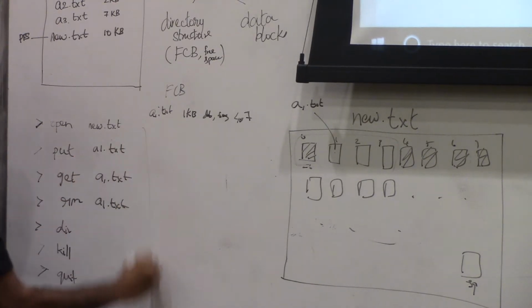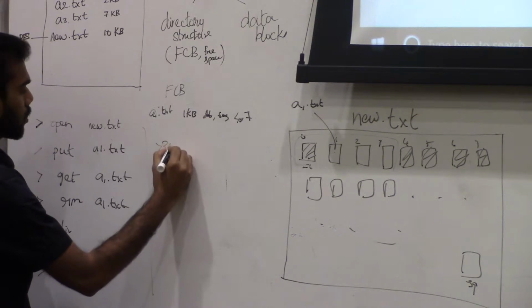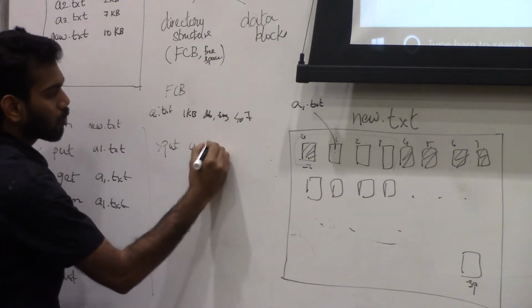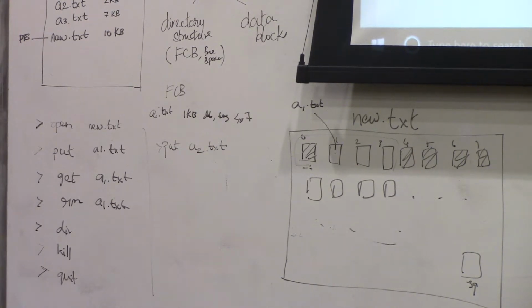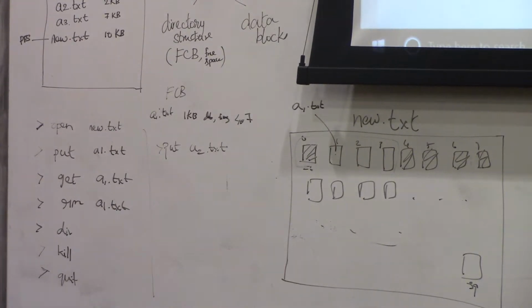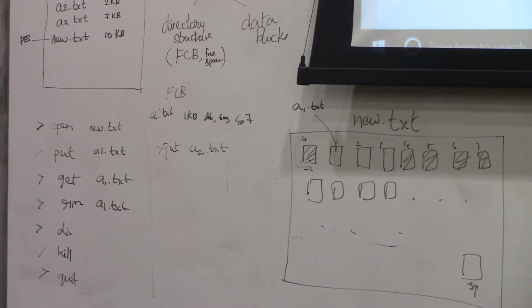What if I am giving the put command a2.txt? What will happen? Anyone can tell? Copy and put it into the new file system, and that takes eight blocks, right?